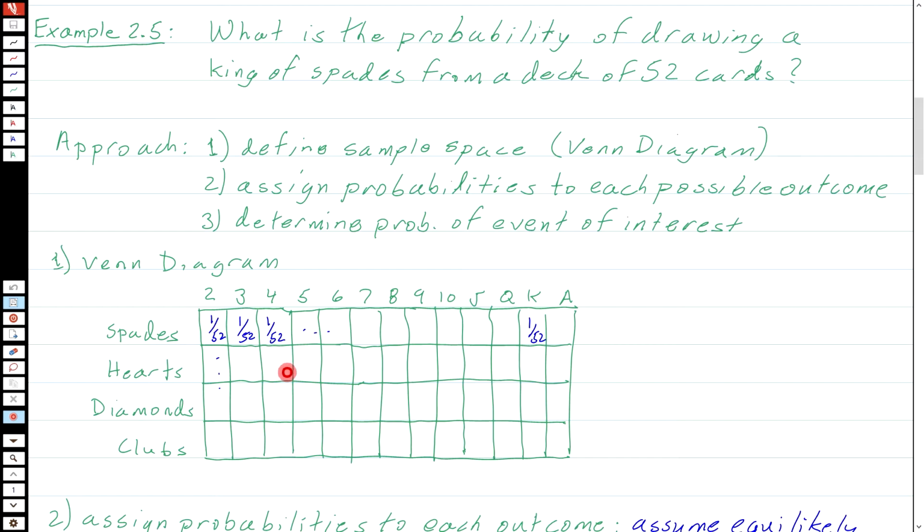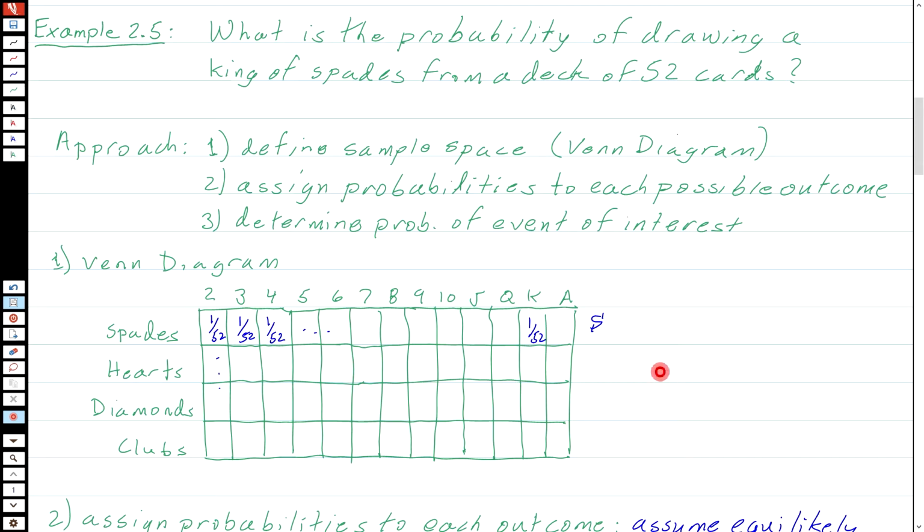So all together we've chopped this sample space up, and I forgot to put the S on this. So this is our sample space, chopped up into 52 equally sized blocks. We make them equally sized because we're going to assume that these events are equally likely.